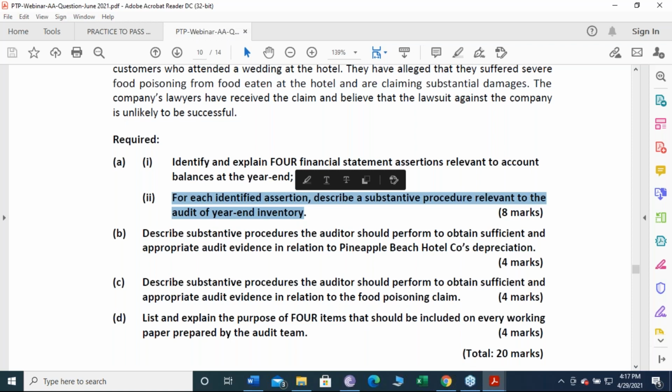So let's start with the existence. In order to verify the existence, I will select a sample of goods dispatch notes, and I will trace them and make sure that they are not included in the year-end records, because those which have been dispatched by the client should not be part of the year-end records.